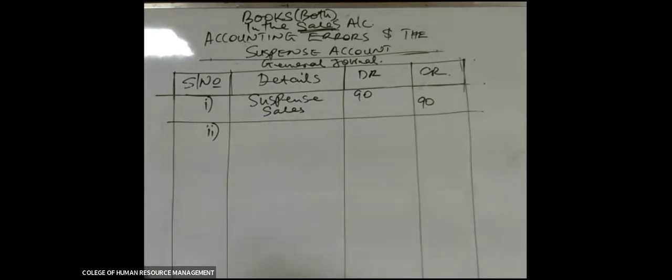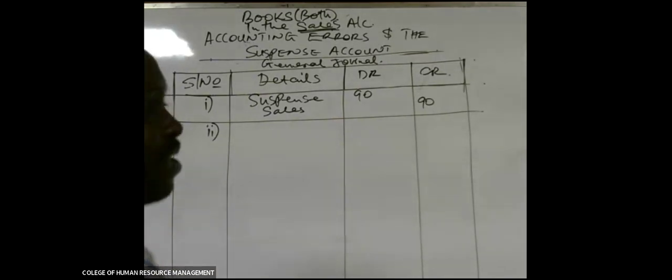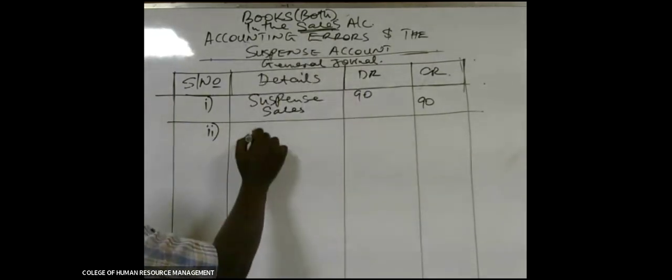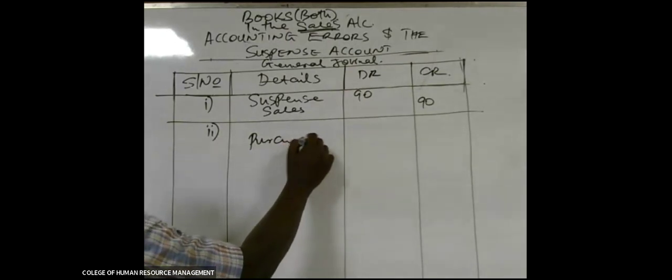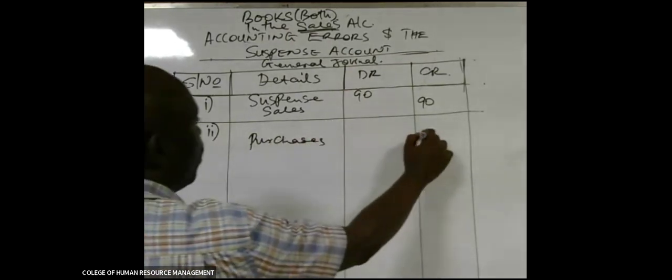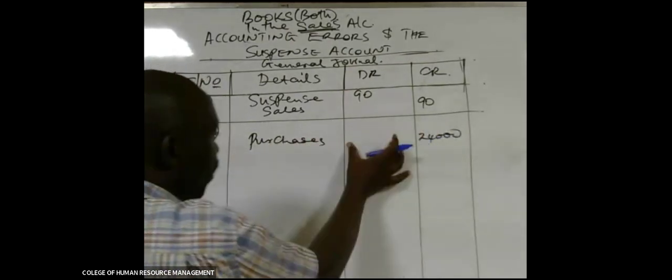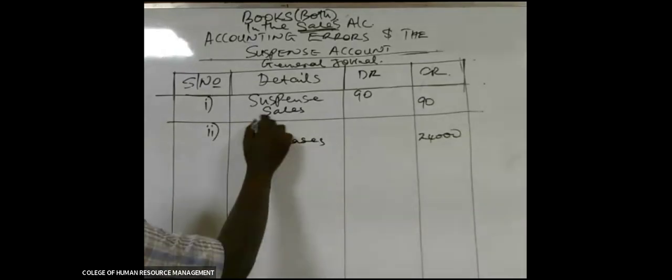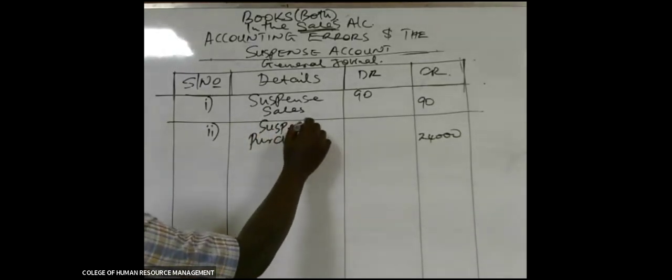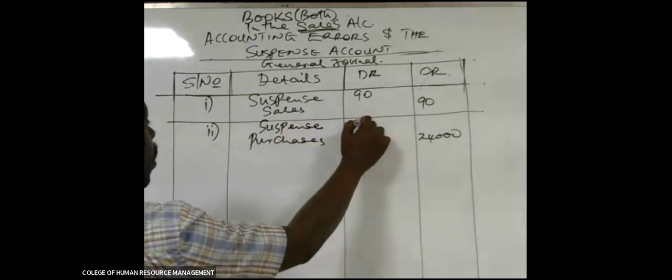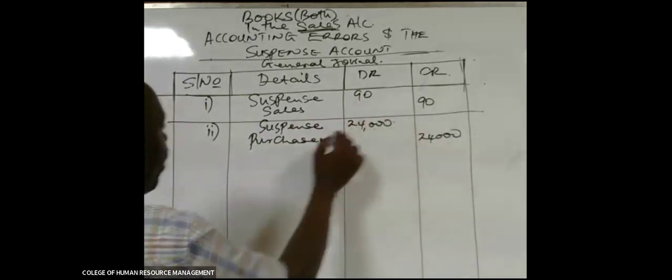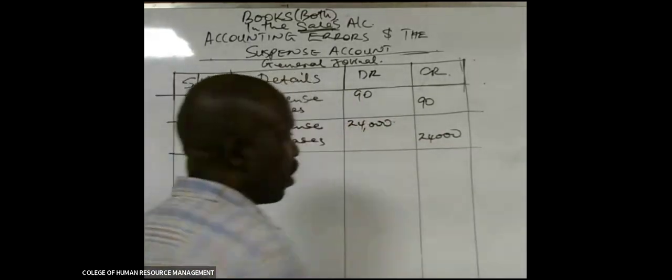Because purchases is debited, to reverse that, we shall require a credit entry. We shall credit our purchases by 24,000 to remove it because it's an overcast. Then again here, we don't have an account to debit. 24,000 will be debited in suspense to complete double entry.